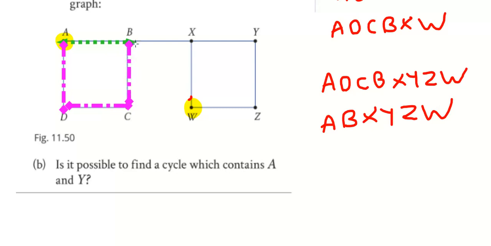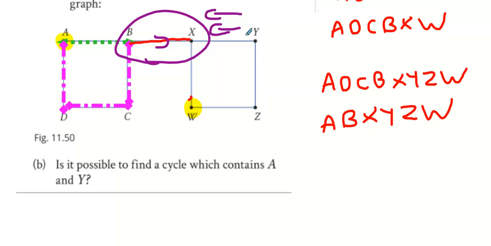So once I go in this direction, A is now cornered off and can't be accessed unless I take one of the other routes. So yeah, if I took A to B on the way over, that's okay. It's the linker, B to X. Once I travel from one square to the other using B to X, the only way back across is via B to X, which means I'm going to be using the same side twice, which means it's not possible.